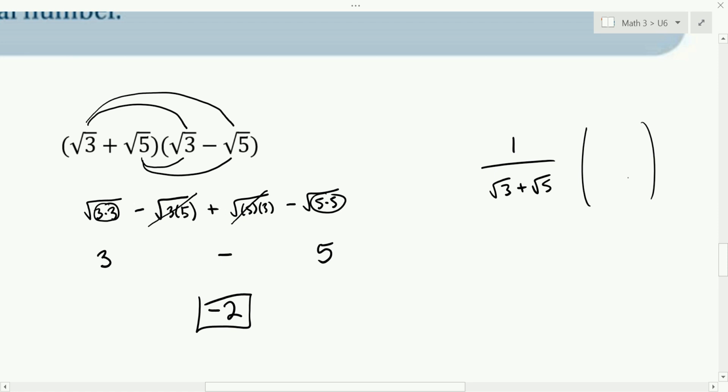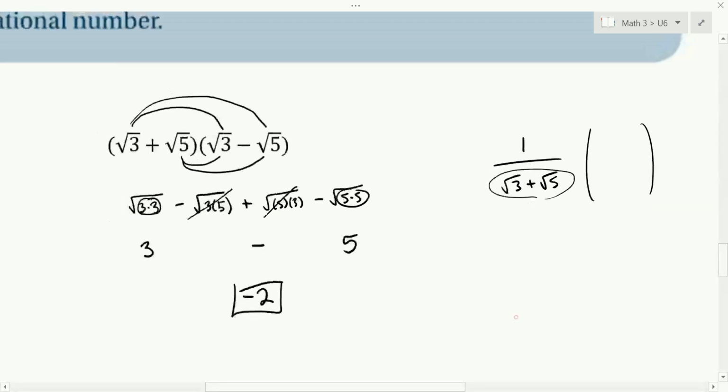What would you multiply that denominator by to get rid of all the square roots? Square root of 3 minus the square root of 5, because that's the conjugate, and you know it's going to give you -2, and it works out nicely. So we're not doing that this lesson, but that's what we'll be doing probably on Tuesday.